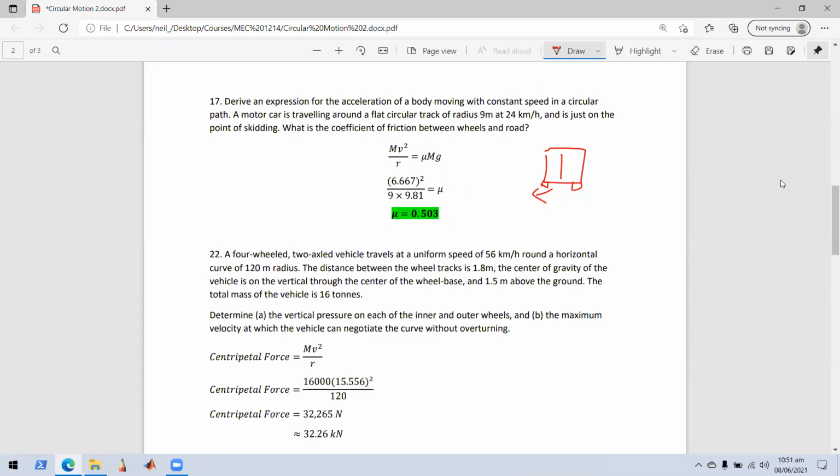The frictional force is keeping it this way, and the centripetal force is pulling it back. The vehicle is going to start skidding when this centripetal force overcomes this frictional force. So if centripetal force is greater than frictional force, let's say F_R, this vehicle is going to skid. For it to be just on the point of skidding, we just assume they're equal.